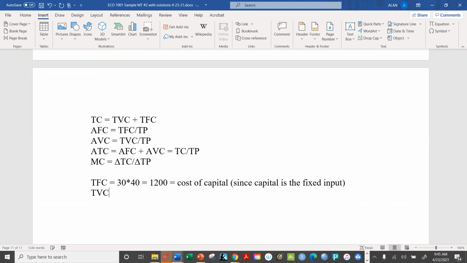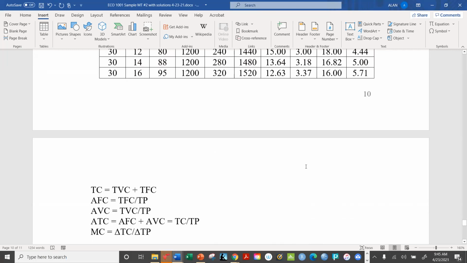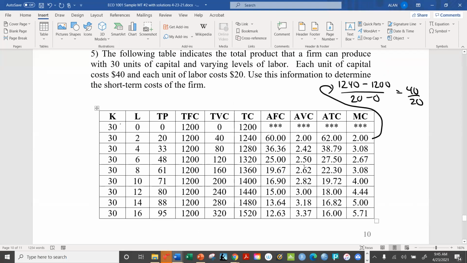And then total variable cost is $20 times the quantity of labor, since labor is the variable input. Other than that, you should be fine. So just take out the calculator and go through and double check. Make sure you can understand all of these, where they came from.